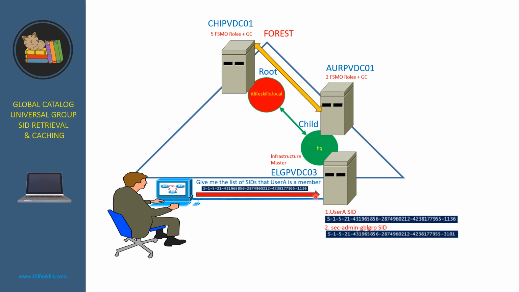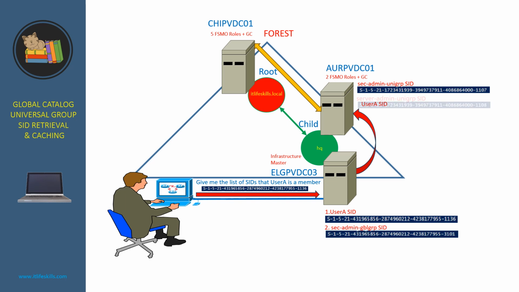Next, LHPVDC03 requests the nearest global catalog server, which is LHPVDC01, to find all the universal groups that the security admin global group and user A are members of. Upon receiving the request, LHPVDC01 searches all universal groups in the forest and finds the security admin universal group that has the security admin global group as a member.